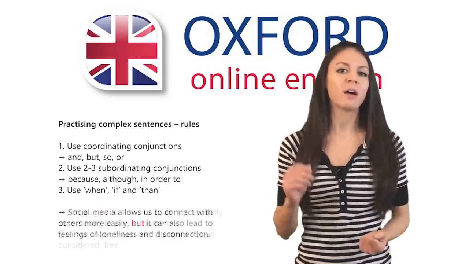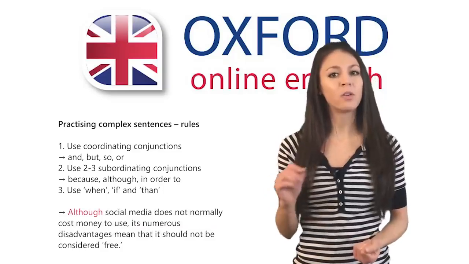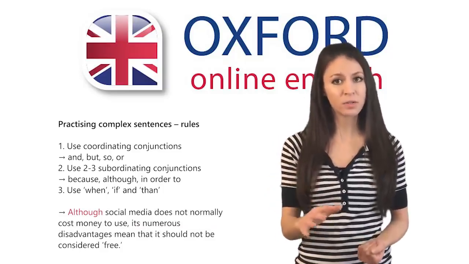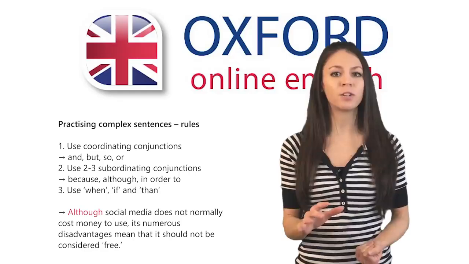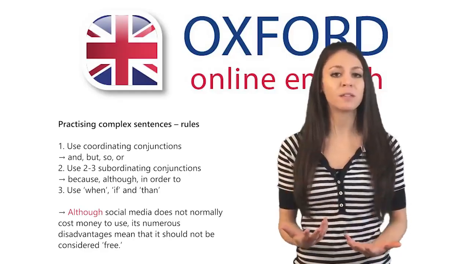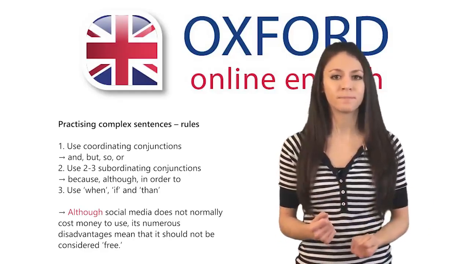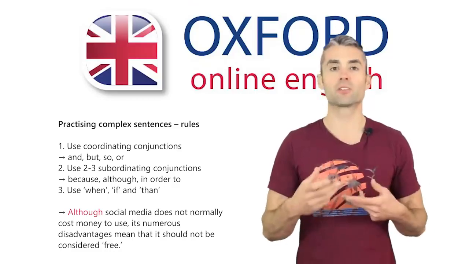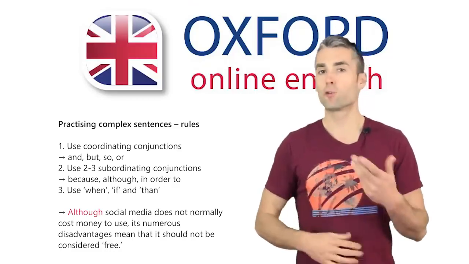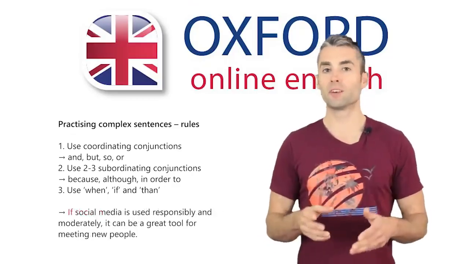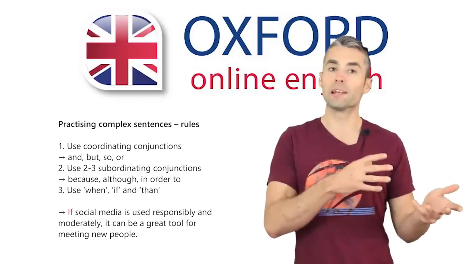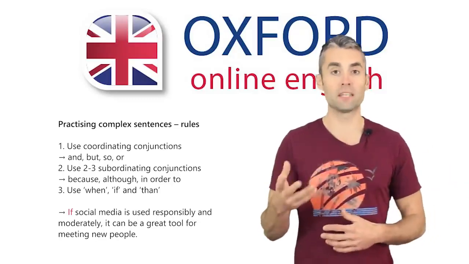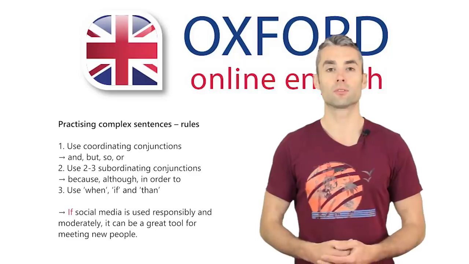For example, although social media does not normally cost money to use, its numerous disadvantages mean that it should not be considered free. You can make conditional sentences with if. For example, if social media is used responsibly and moderately, it can be a great tool for meeting new people.